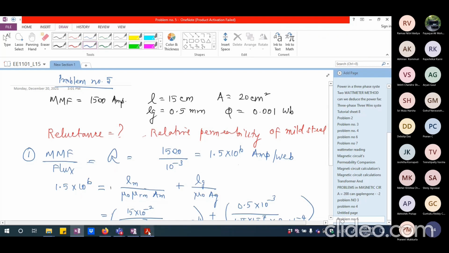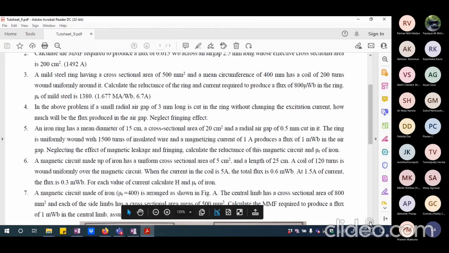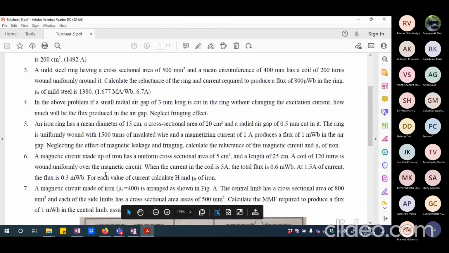Okay, so let's look at the next problem. Problem number 6. A magnetic circuit made up of iron has a uniform cross-sectional area of 5 cm square and a length of 25 cm. A coil of 120 turns is wound uniformly over the magnetic circuit.